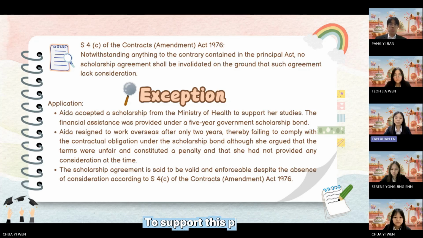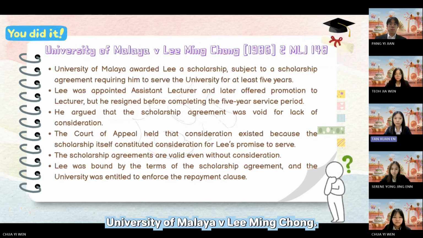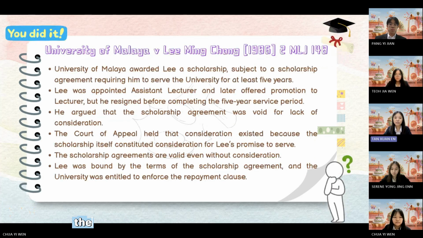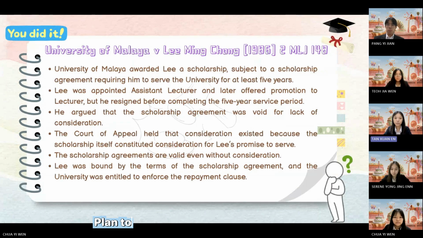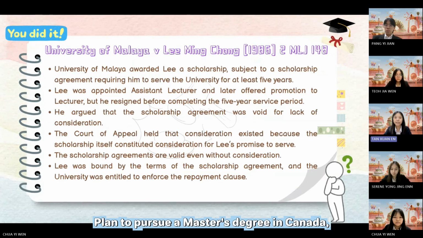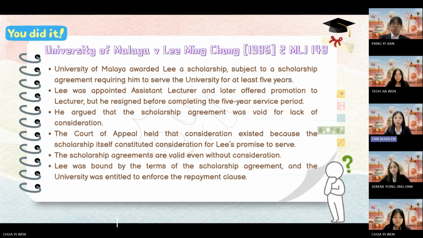To support this principle, we can refer to the case of University of Malaya and Lee Ming Chong. In this case, the University of Malaya awarded Lee a scholarship under the Colombo Plan to pursue a master's degree in Canada, subject to a scholarship agreement requiring him to serve the university for at least 5 years upon his return.